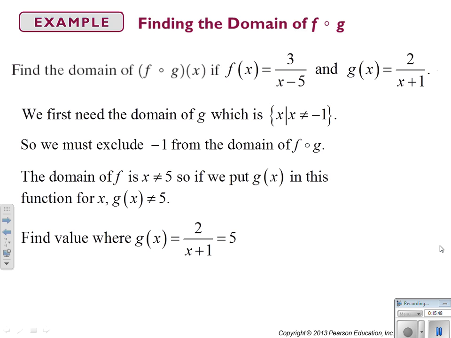If our g of x function equals 5, it'll cause our f function to have 0 in its denominator. So I multiply both sides by x plus 1, distribute out the 5, subtract 5 from both sides, and divide by 5, and I get x equals -3/5. So my domain is the set of all real numbers except -1 and -3/5.